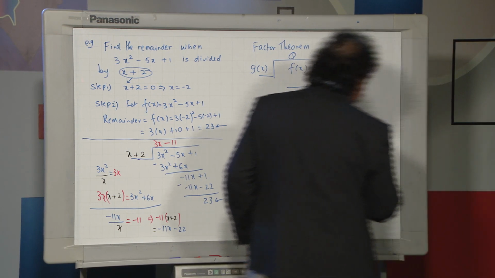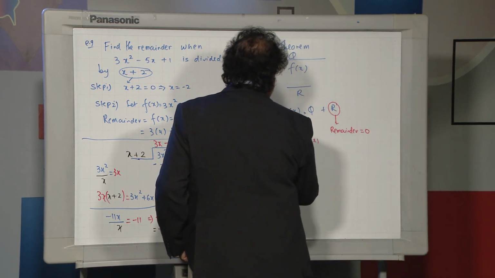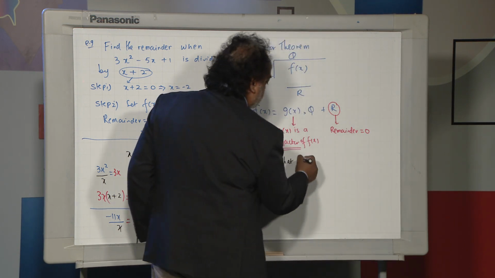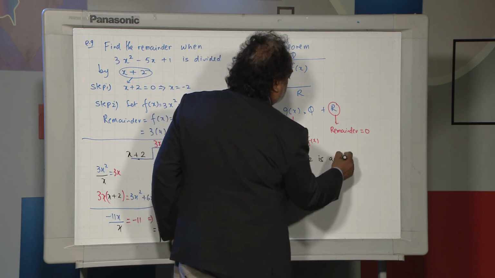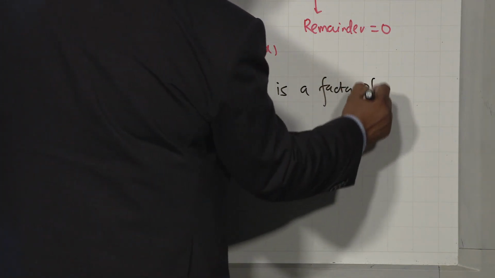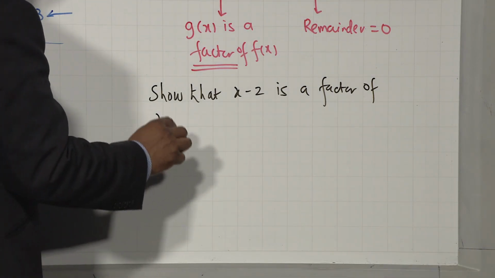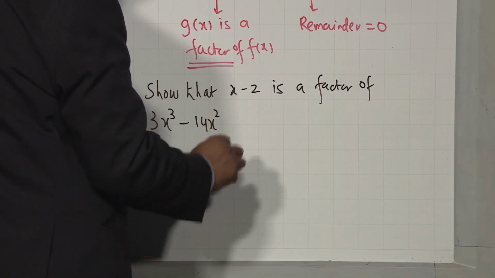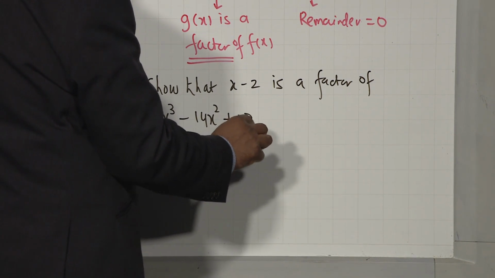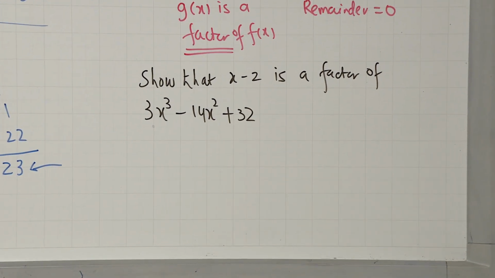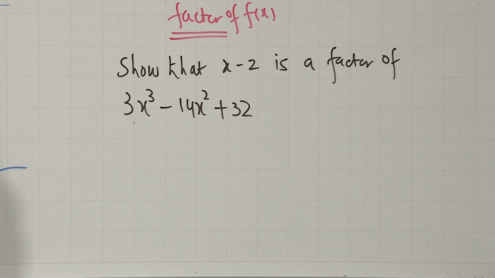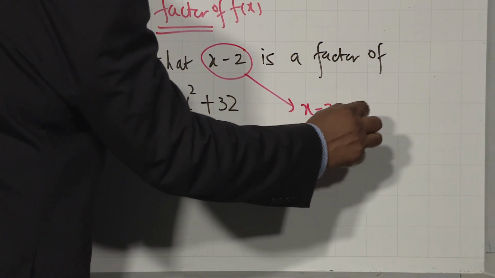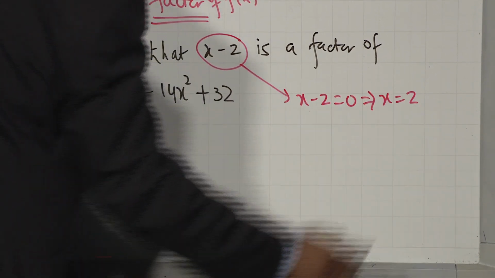Show that x minus 2 is a factor of 3x cubed minus 14x squared plus 32. So, what are we going to do? Equate that to 0. x minus 2 equal to 0 implies x equal to 2.